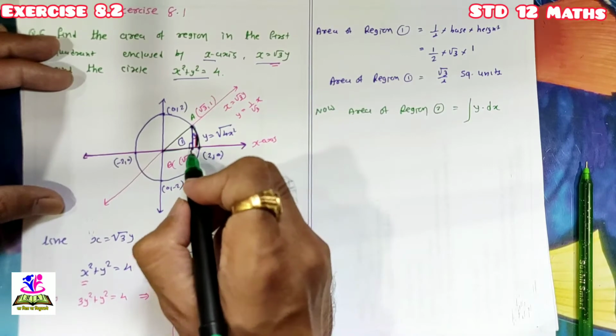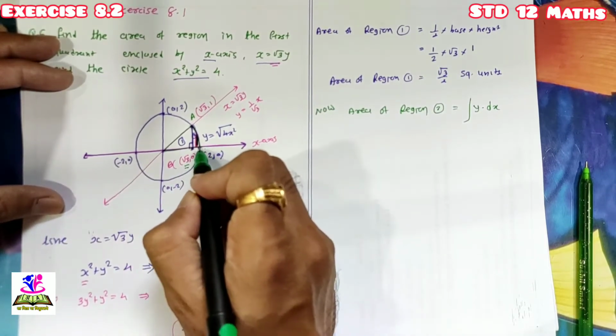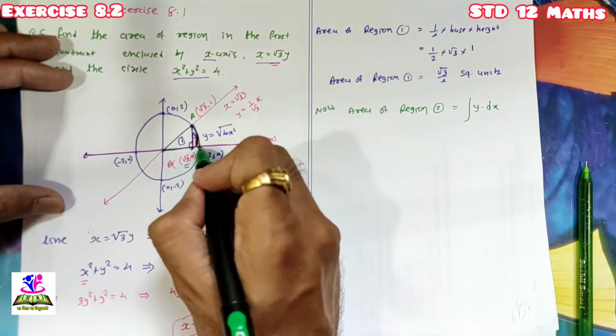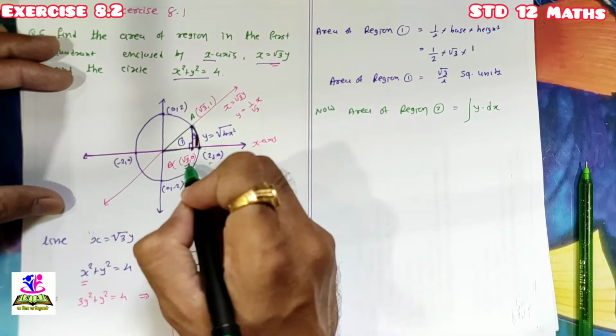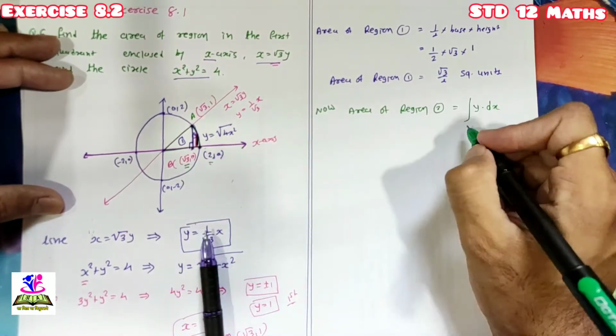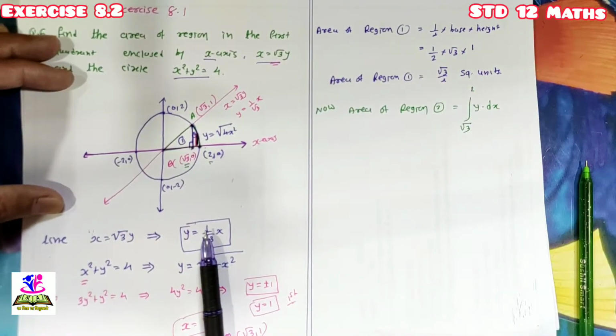The limits are from this point to this point: the x coordinate of this point is √3 and of this point is 2, because the radius of the circle is 2. So coordinates of this point are (2, 0), and the limits of integration are √3 to 2.